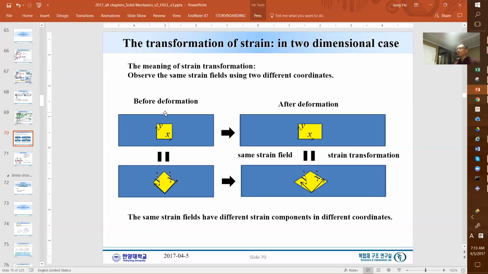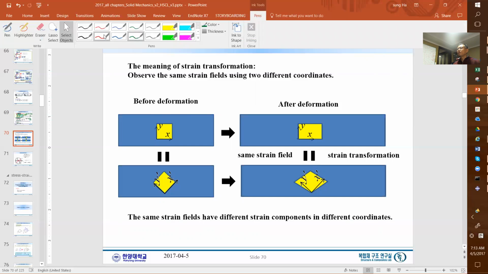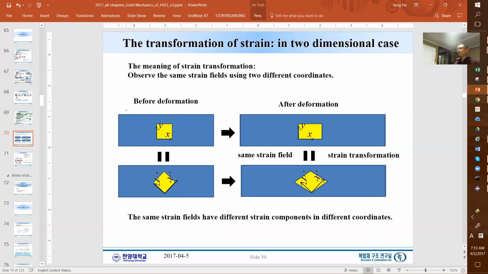What does it mean? This is before deformation. Before deformation, we just mark like that, and mark like that. But notice that this is the same material, exactly the same one.